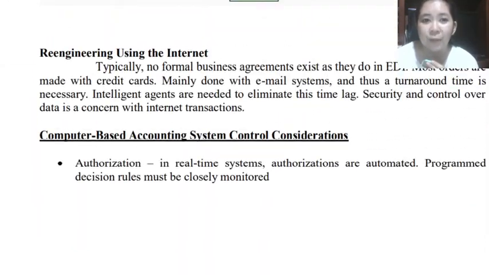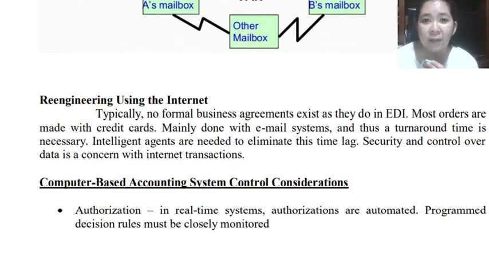Okay, so for our re-engineering using the internet, typically no formal business agreements exist here. So they do the EDI, meaning this is already automatic. Okay, so most orders are made with credit cards and mainly done with email systems, and thus a turnaround time is necessary. So intelligent agents are needed to eliminate this time lag, okay, to expedite the process.